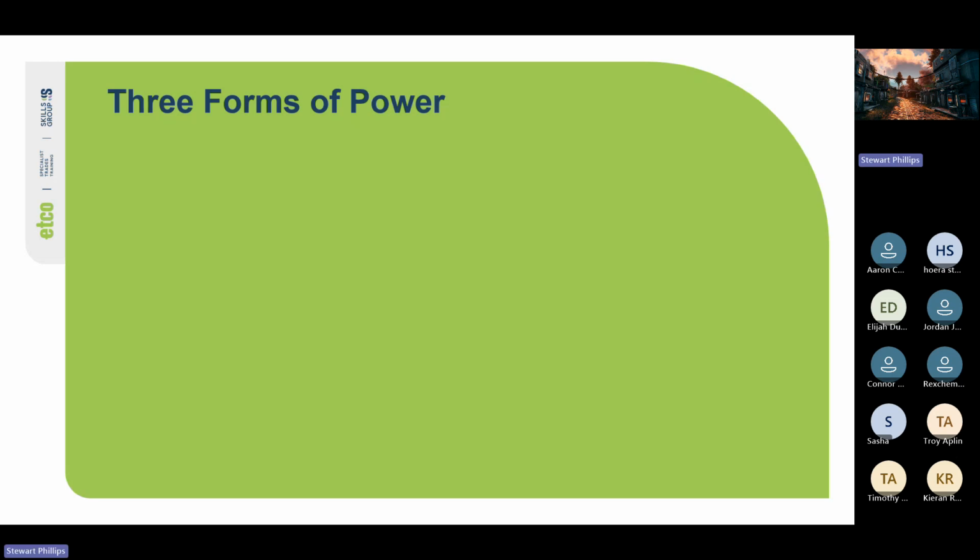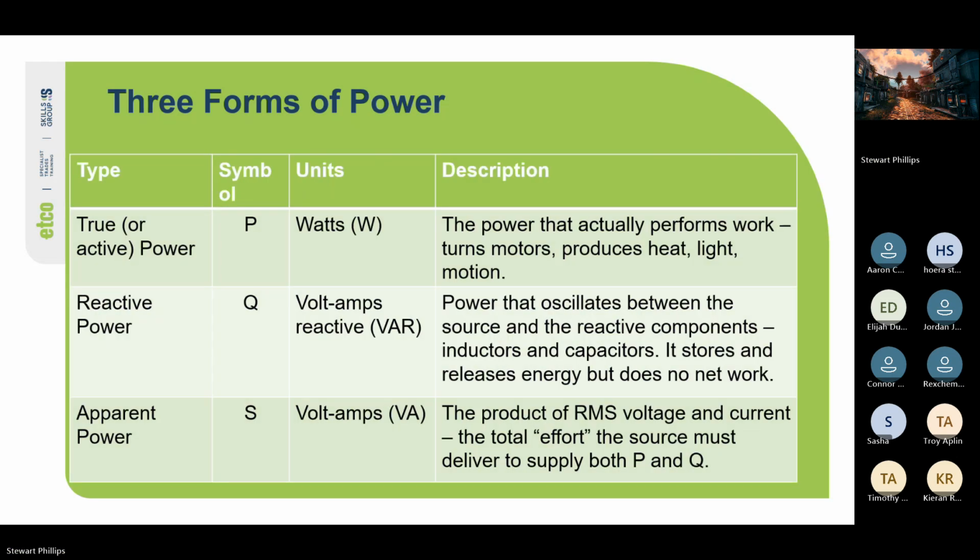Yep. So we have, not active, but we call it true. So most of the time we call it true. It is sometimes referred to as active, but it is called true power, reactive power, and apparent power.